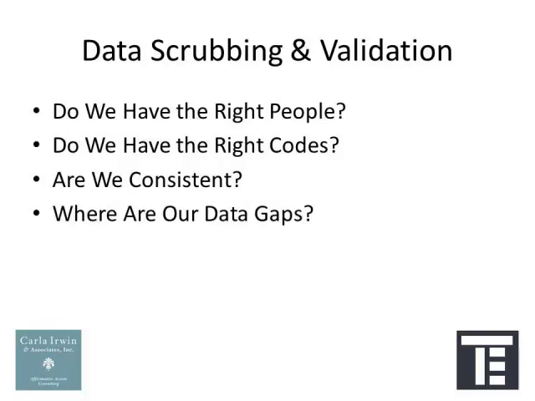The next thing is to look at your data for gaps. There are two different kinds of gaps: what I call the one-off or random gap versus the systemic gap. Looking at whether your gaps are random or systemic can help you identify any shortcomings in your processes and procedures for capturing this information.